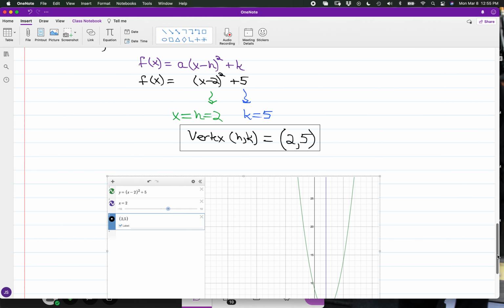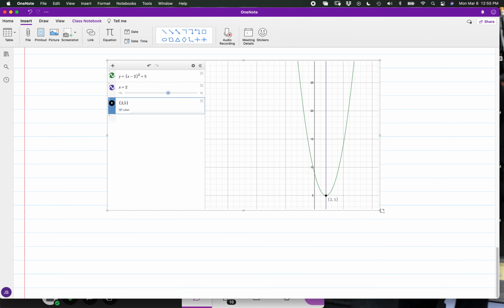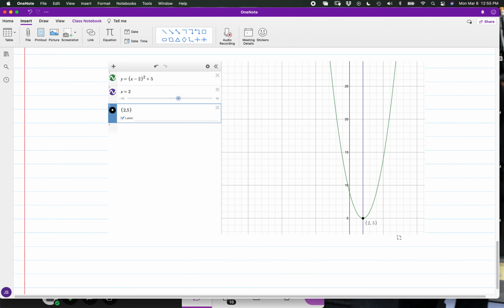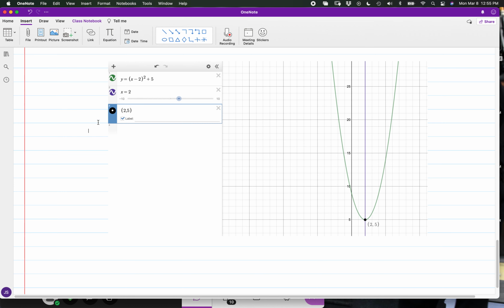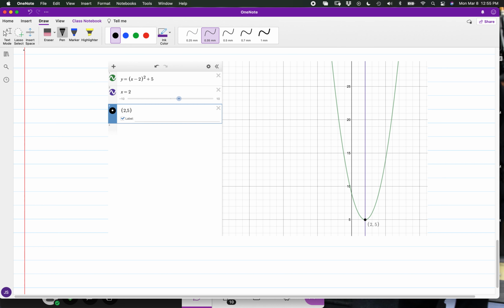I took this one out of Desmos. So you have the quadratic function case. You have y or f of x is equal to the square of x minus 2 followed by the addition of 5. And for the other pieces of information, you have the axis of symmetry.